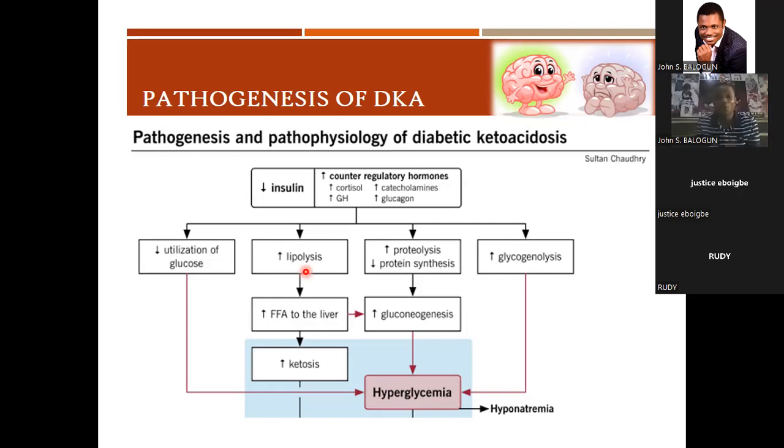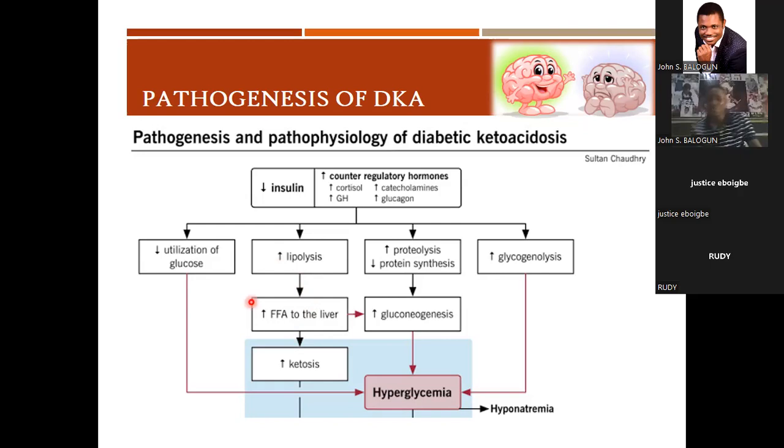Remember, all those ketone bodies, like the butyric acid, are acids. So that gives the ketoacidosis that results from DKA. That is the part of lipolysis because of reduction in insulin production. So please take note of this slide very well.